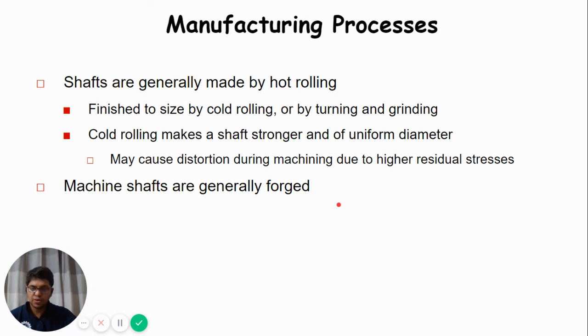And as a summary of what we have discussed in the last two presentations, we discussed the design of the shaft under static loading condition. Then we considered what changes come when an axial load is also acting on the shaft. Then we considered the design of the shaft under dynamic loading condition.